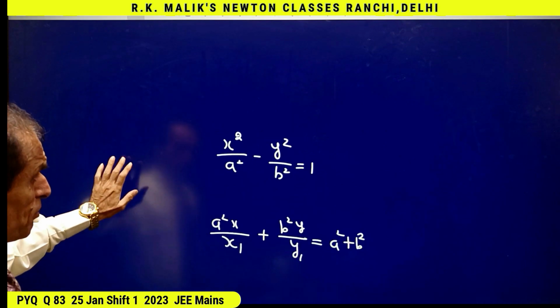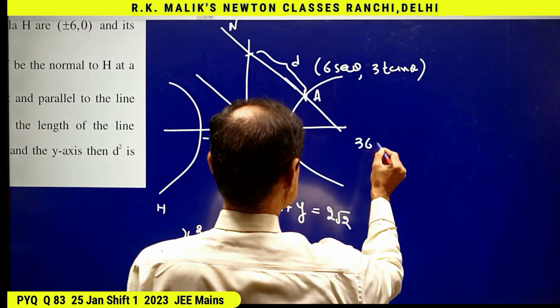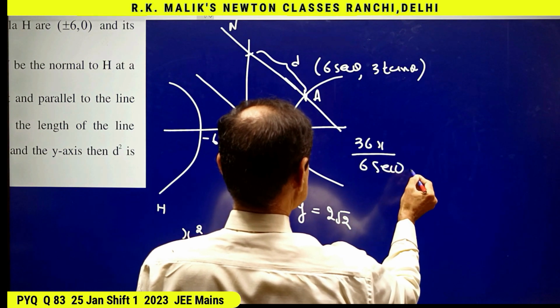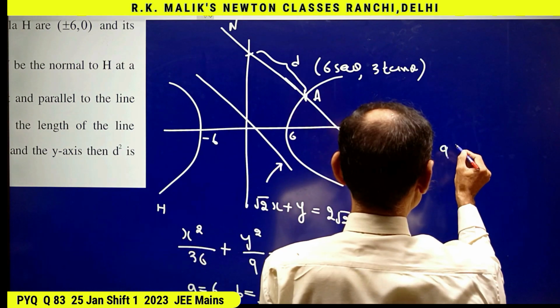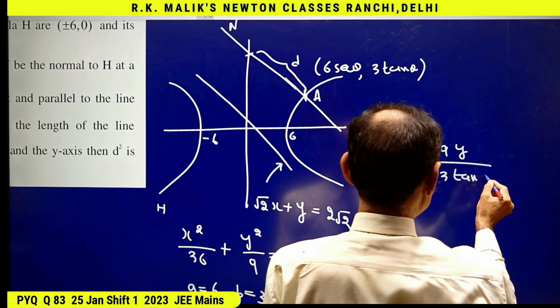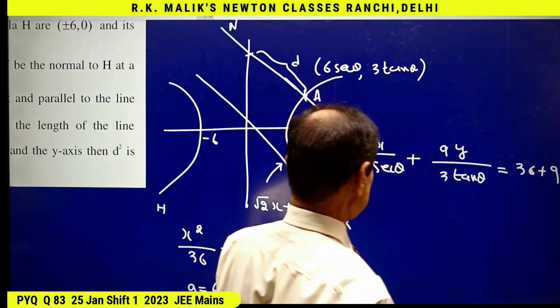Now using this formula, the equation of normal at the point A becomes 36 x upon 6 sec theta plus 9 y upon 3 tan theta equal to 36 plus 9.